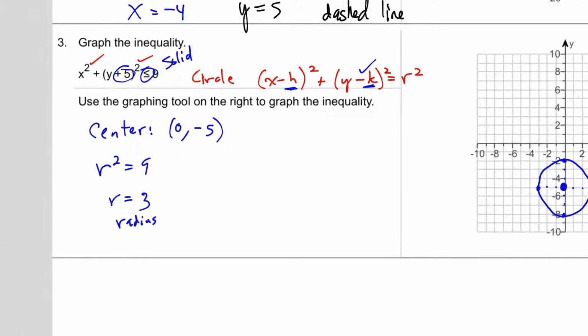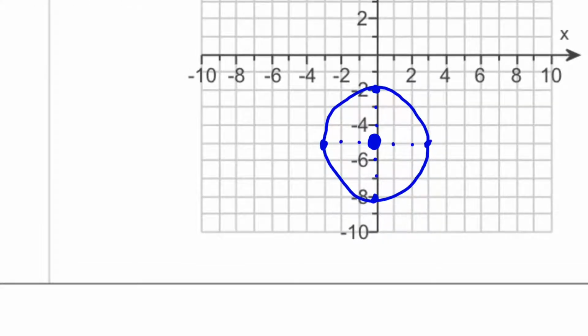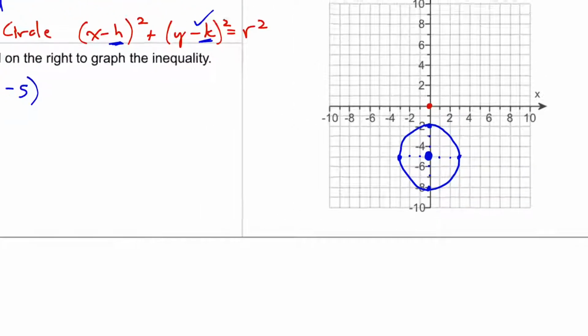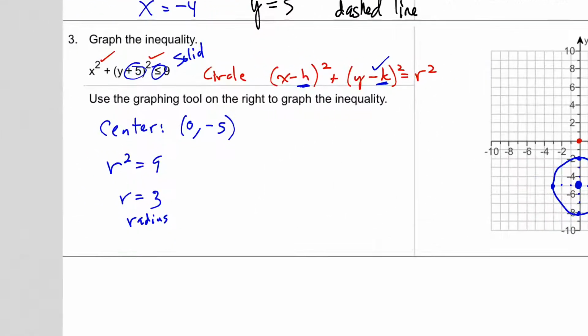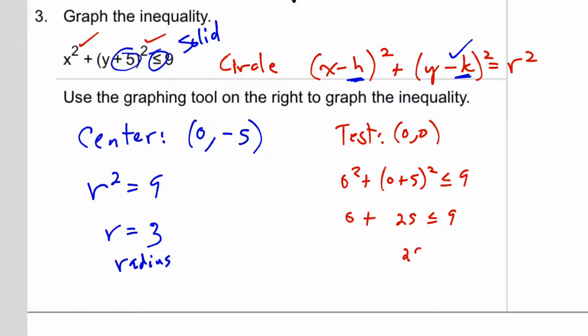Now, it does say less than. So we need to do a test point. And again, the easiest test point will be (0, 0). So we're going to test (0, 0). So 0 squared plus (0 plus 5) squared is less than or equal to 9. 0 plus 5 squared is 25. 25 is not less than 9, so this is false.